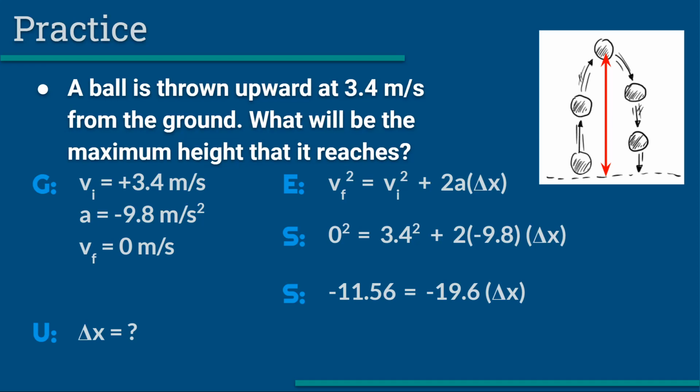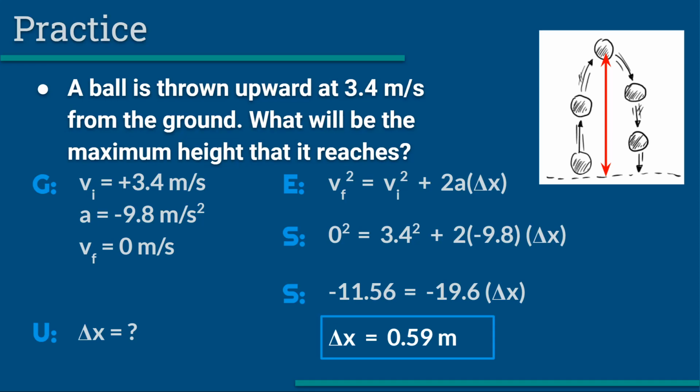My next step algebraically to isolate my variable is to divide both sides by negative 19.6. So negative 11.56 divided by negative 19.6 gives me a displacement of positive 0.59 meters.